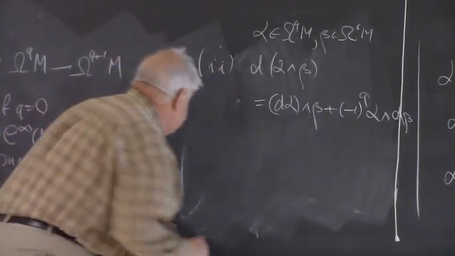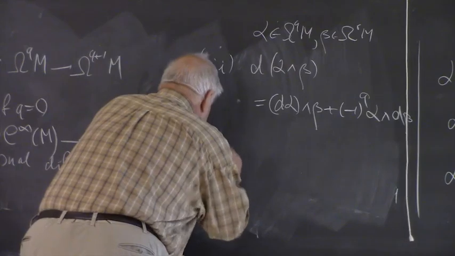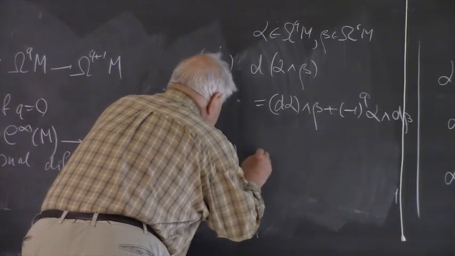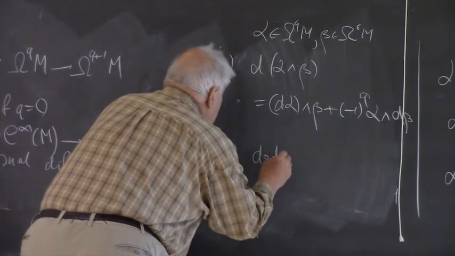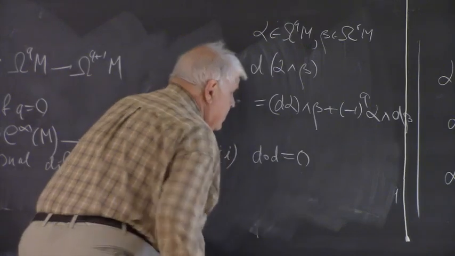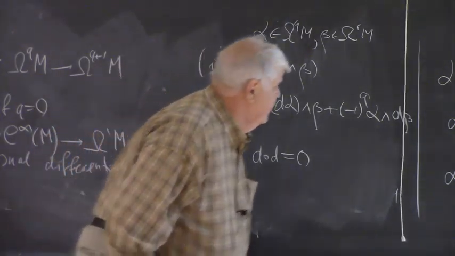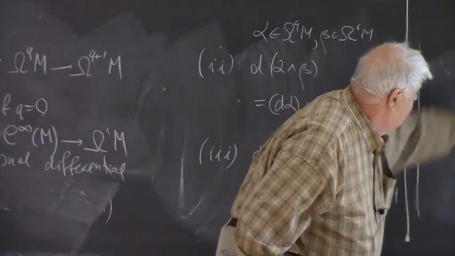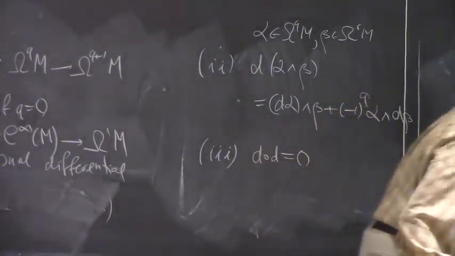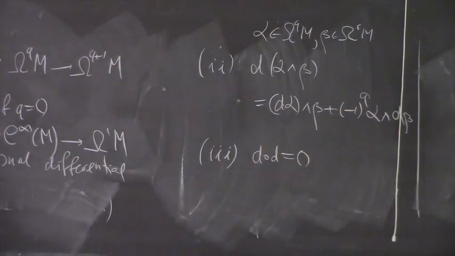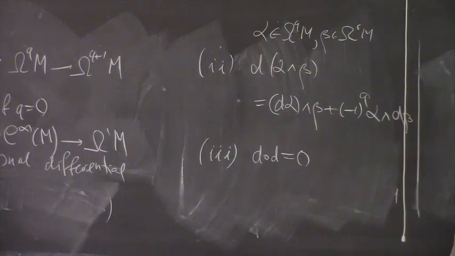And property number 3, one more most important property: applied twice, it is 0. That is, the differential of an arbitrary differential form is 0.